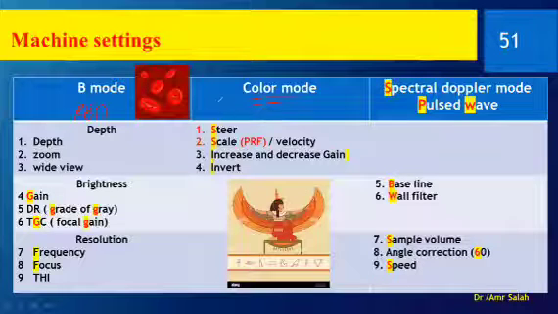Here we have another mnemonic that is two S's, that's steer and scale, that is also the PRF or the velocity. And we have here the gain, and we're going to give it an I for increase or decrease the gain, and we have the invert. So we have two S's and two I's. You can remember this by the mnemonic Isis.